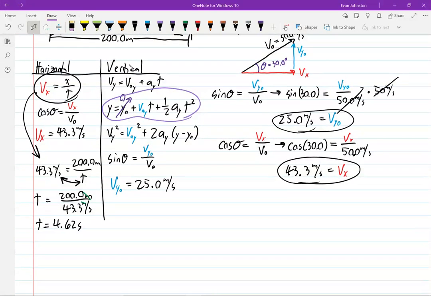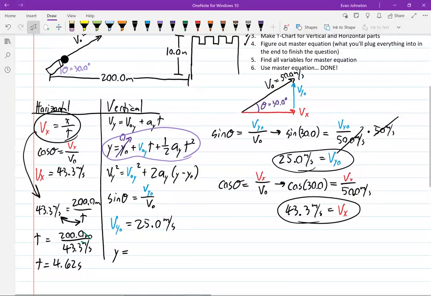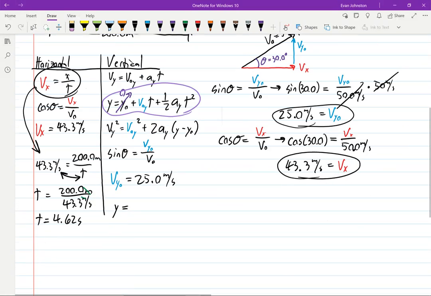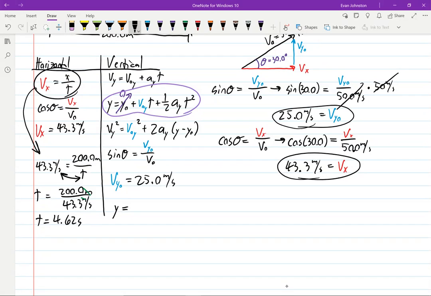So now we have the time. We're going to plug it into our master equation with everything else that we know. And so the y value at 4.62 seconds, because that's when the cannonball is 200 meters out in the x direction, is our initial y velocity, 25.0 meters per second, times this time, which is 4.62 seconds, plus 1/2 gravity.